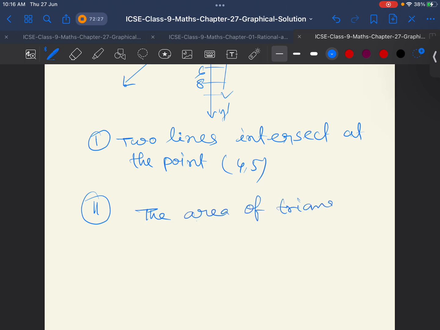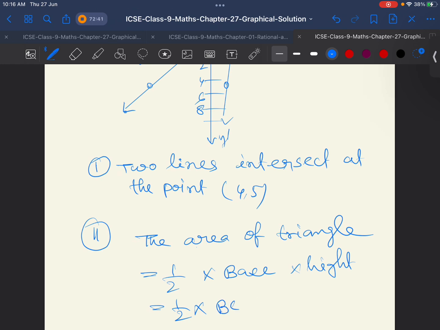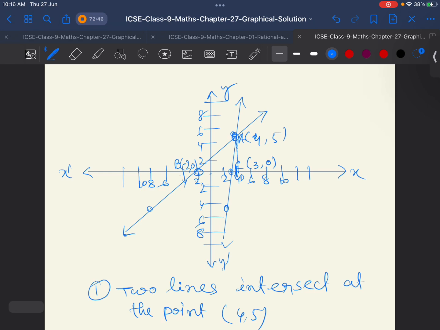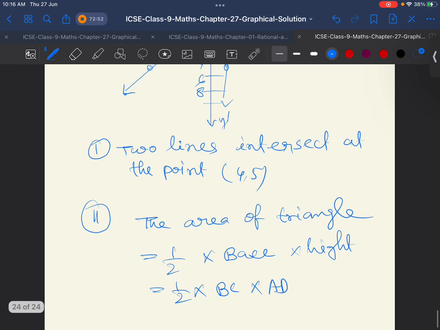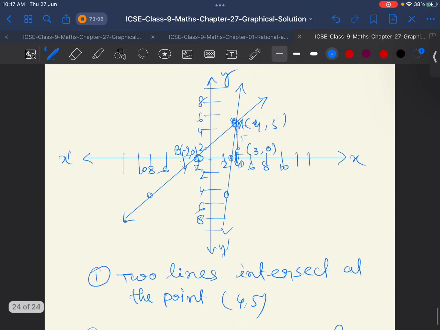Okay, the area of a triangle equals half into base into height. Here base is BC and height is AD. So the length of BC is 2 plus 3, total 5, half into 5, and the length of AD from the origin to this point is 5.